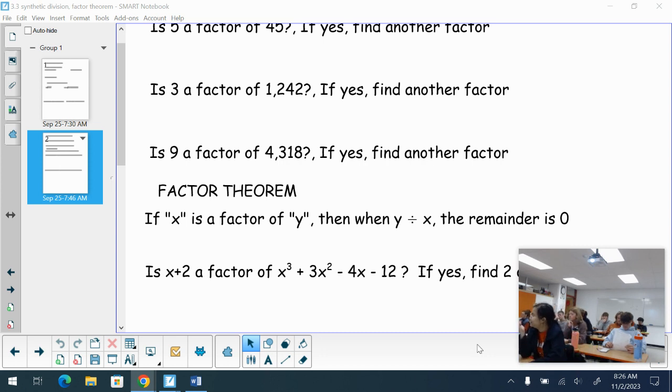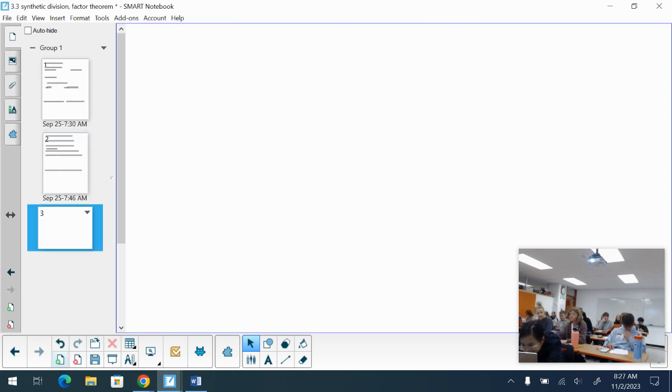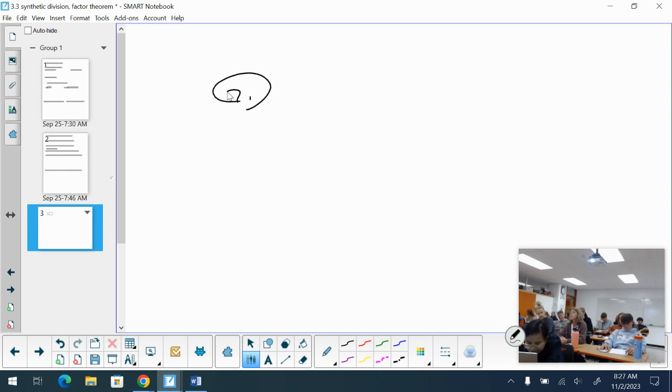Yes. Number 7. Calculate the zeros of the polynomial. So we have P of x equals 2x cubed plus 6x squared minus 4x.